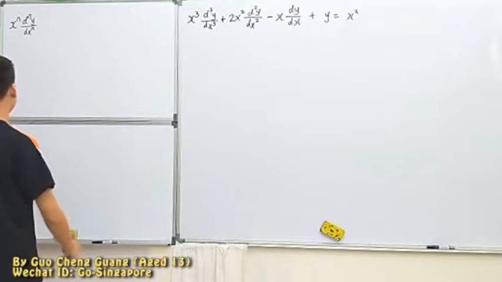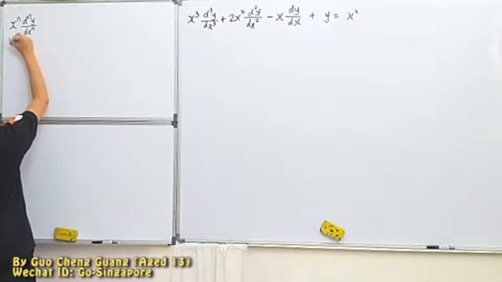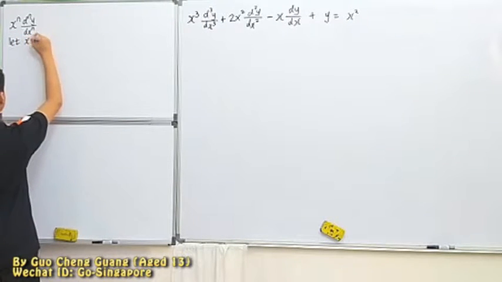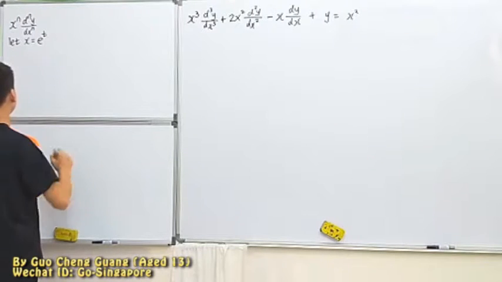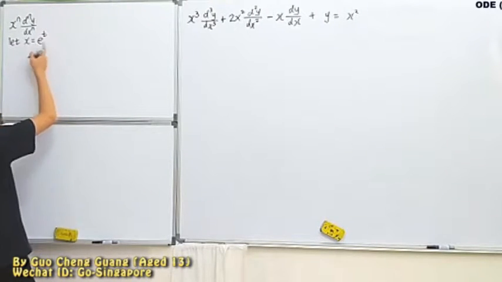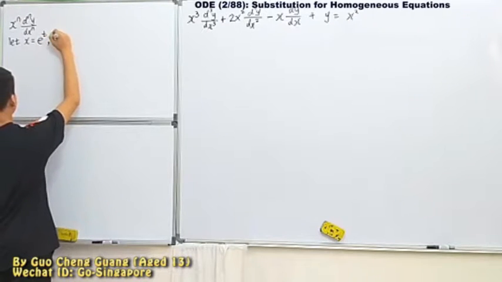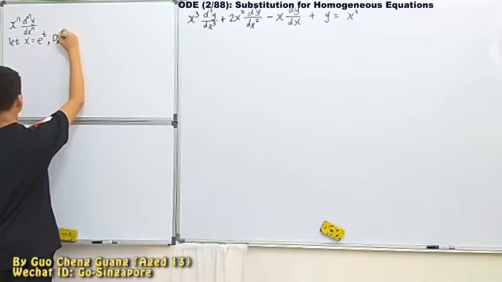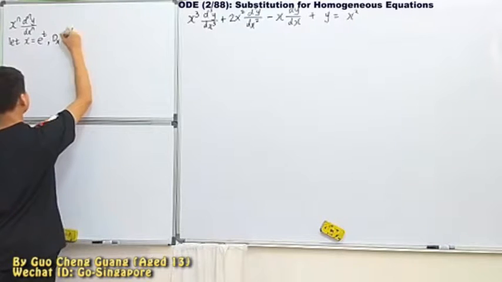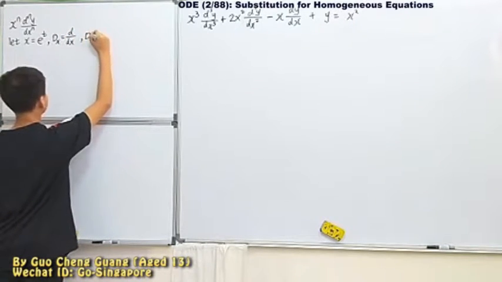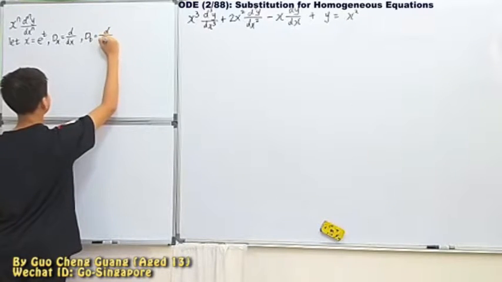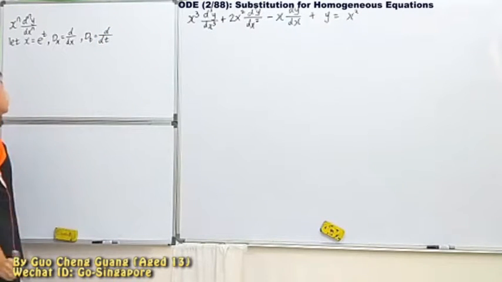So in this case, what we're going to do is we let x be equal to, let's say for example, e to the power of t. Now we have two of these functions here. So we're going to differentiate them by using d over dx and d over dt, and separate these functions like this.